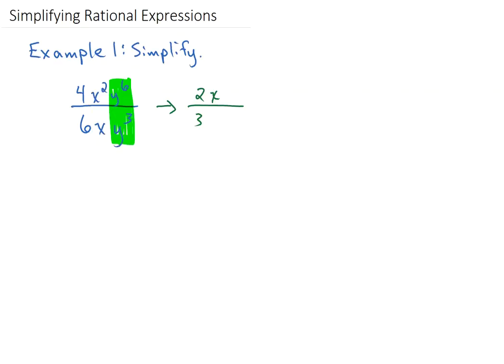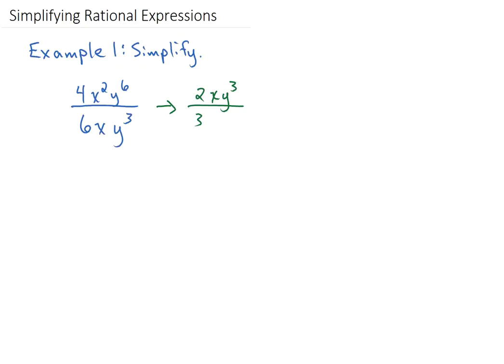And with the y's, we have 6 y's on top, we have 3 y's on bottom. 3 of those y's on top will cancel off the 3 on bottom. And that leaves us with a y to the third on the top. So here we see our rational expression simplifies to 2x y to the third divided by 3.